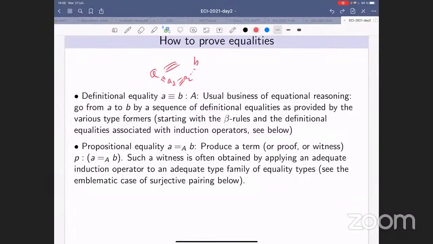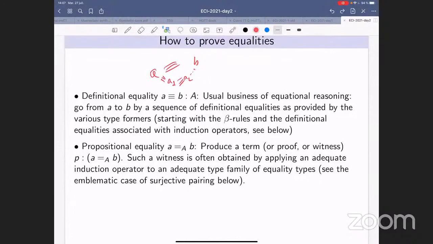And usually you get such a proof by applying an adequate induction operator. We have seen that most of our types, actually all our types except the function type, come with an induction operator.